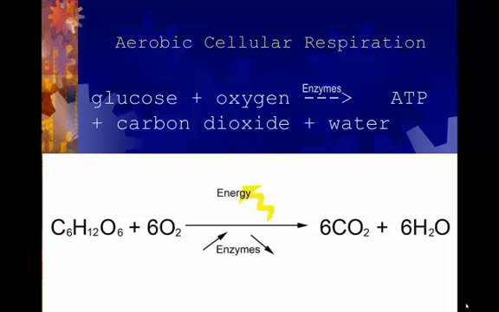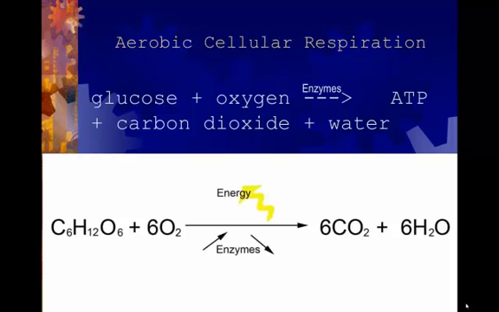Now I want you to get this down in your notes, and make sure for your quiz you know the equation or the formula for aerobic cellular respiration. You can just learn the words. When you get to biology, you'll learn the actual chemical symbols for glucose, which is C6H12O6, because there are 6 carbons, 12 hydrogens, and 6 oxygens that make up glucose.